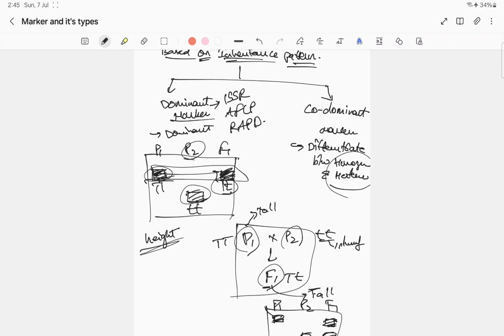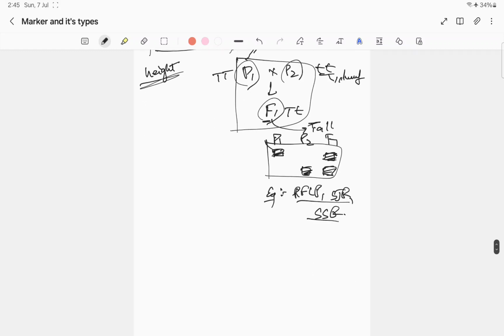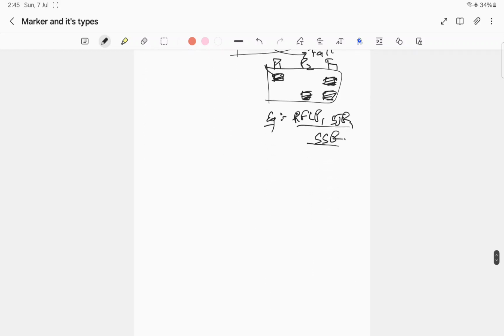If only the dominant character is shown, then in morphological markers also we can directly see for some traits what is dominant and what is recessive. That is the disadvantage there. So the codominant marker is very useful for us. We can consider the codominant marker as the best marker. Here are the examples of the codominant marker.